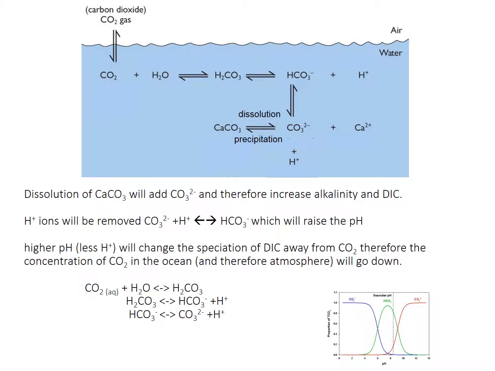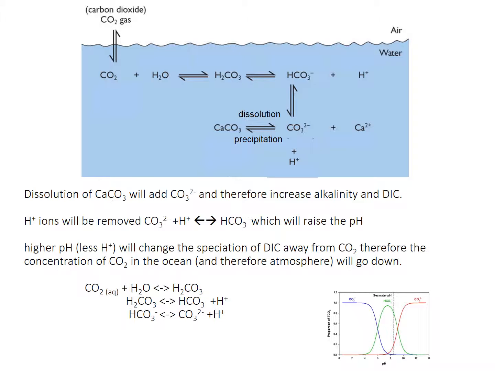Okay, but when we do that, we are also adding alkalinity to the ocean, because we're adding one of the components of this. And we're actually removing a hydrogen ion if that carbonate reacts with a hydrogen ion to form bicarbonate. So this means that the pH will go up and alkalinity will go up.